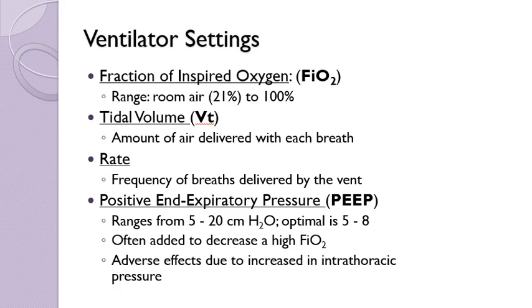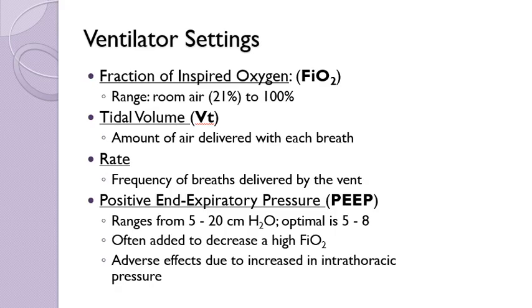We're going to set a rate. That's how many breaths the vent's going to give them. So we have a preset rate. So the vent is set at 16. What that means is my patient will have at least 16 breaths a minute. Can they have 20 breaths a minute? Yes, they can, because they can breathe over the vent.